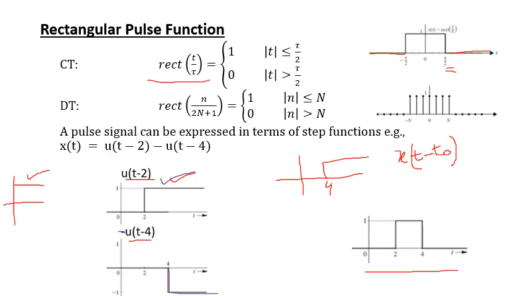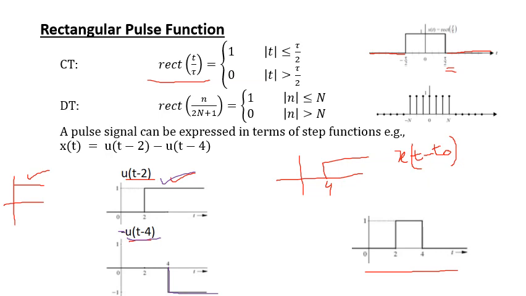If I multiply anything here, that means I am scaling the signal. For example, minus 1 means I have scaled the signal by a factor of 1, but the minus means it will be inverted. If it is positive, it will become negative, and if it is negative, it will become positive. The step function was positive, now it will become negative. So you get this signal.